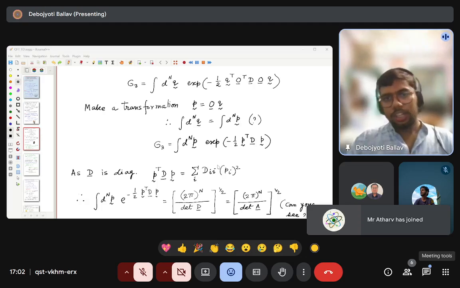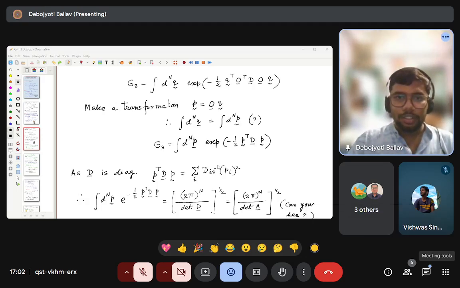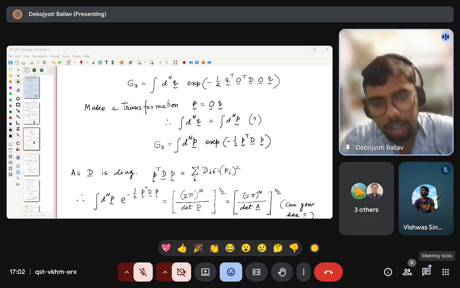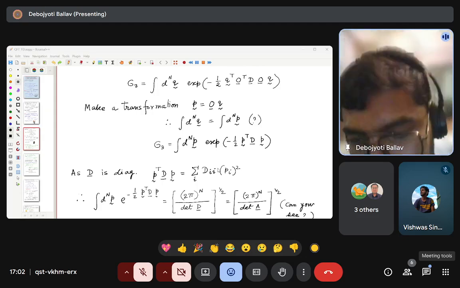Now you can do each Gaussian integral in that product, and each will give you 2 pi by d11 to the half, then another 2 pi by d22 to the half, and so on for all the diagonal entries.